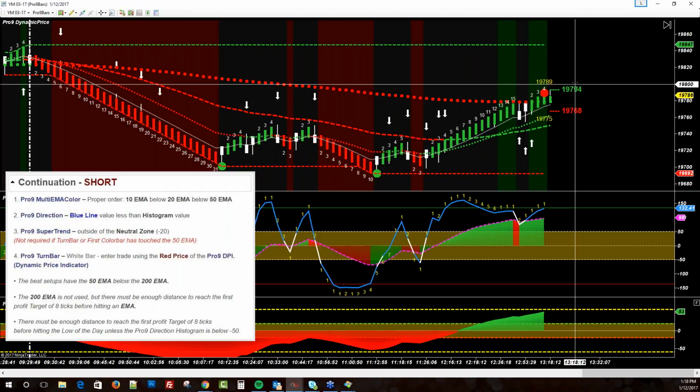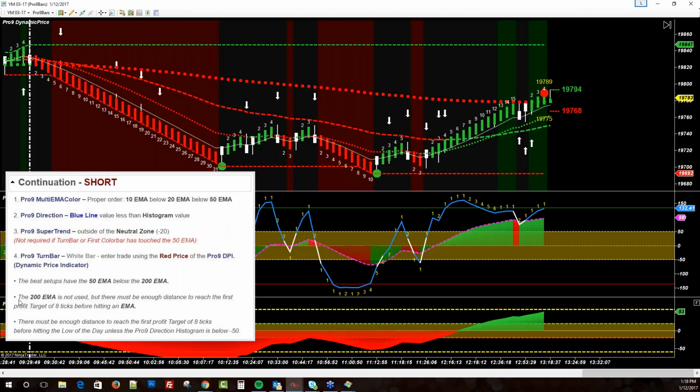And Jennifer mentions it was yellow to warn you that you were close to the 200 EMA. Yes, so as a general rule, as we can see in our rule here for a continuation, down here at our bullet point, the 200 EMA is not used, but there must be enough distance to reach the first profit target of 8 ticks before hitting an EMA.